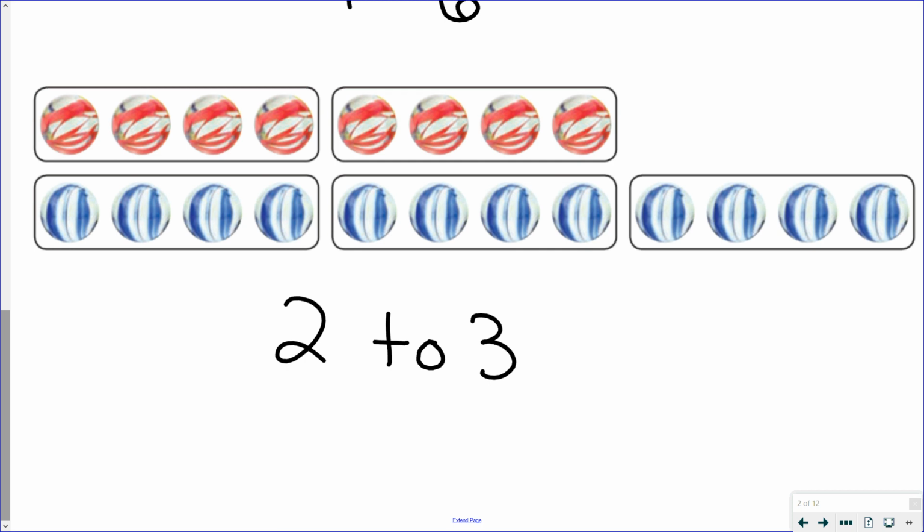And again, the actual number of marbles didn't change. It was just how Emma was grouping them. So the ratios 8 to 12, 4 to 6, and 2 to 3 are what we call equivalent ratios because they all stand for the same thing.